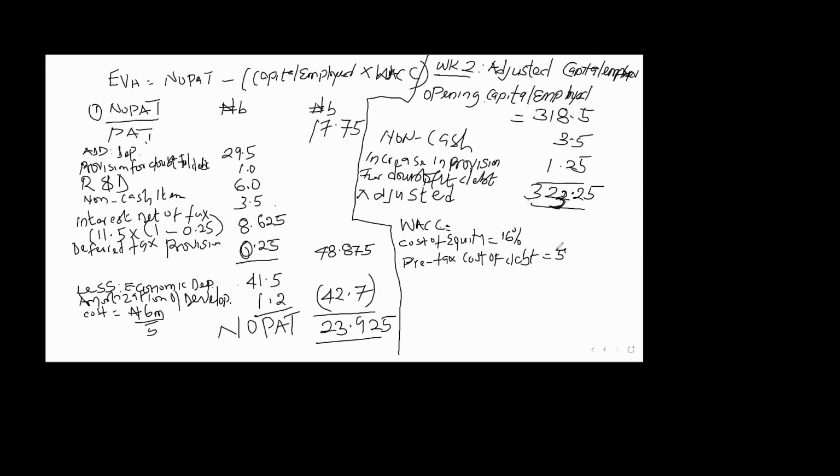After tax is equal to 5% multiplied by 1 minus the tax rate, 0.25. That will give me 3.75.